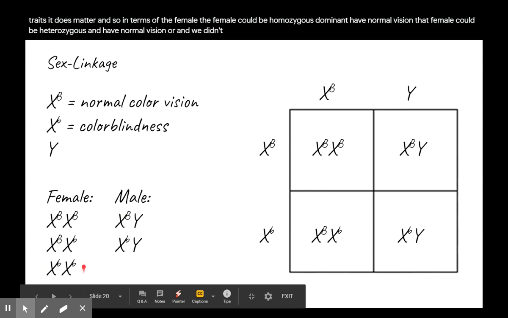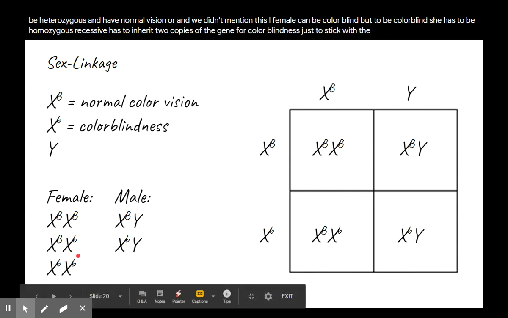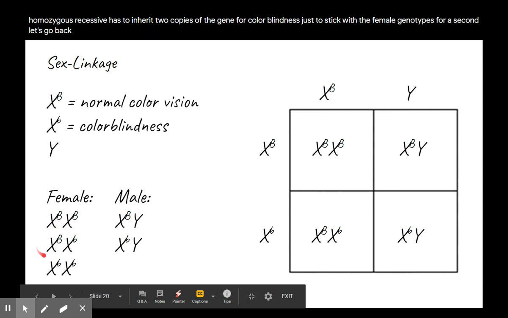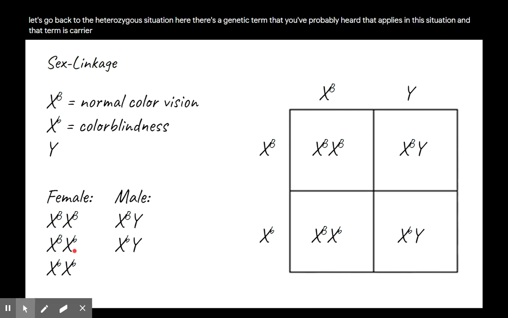Or, and we didn't mention this, a female can be colorblind, but to be colorblind, she has to be homozygous recessive, has to inherit 2 copies of the gene for colorblindness. Just to stick with the female genotypes for a second, let's go back to the heterozygous situation here. There's a genetic term that you've probably heard that applies in this situation, and that term is carrier.